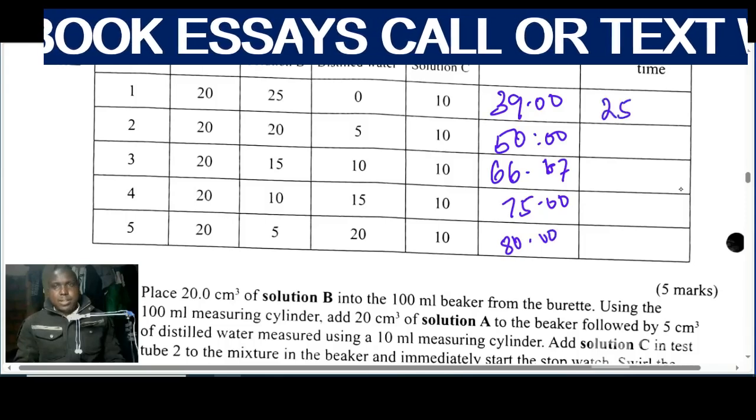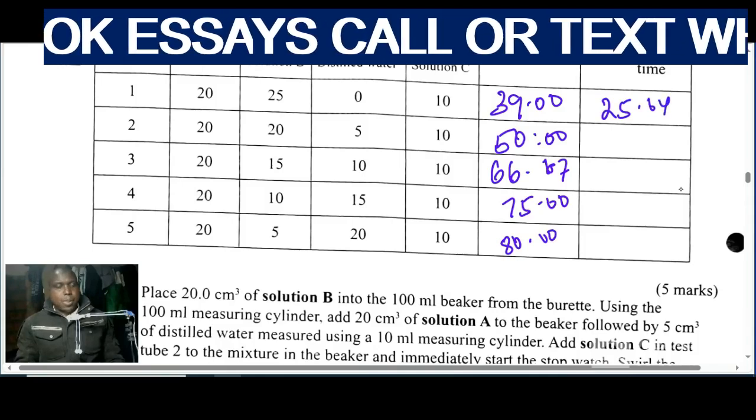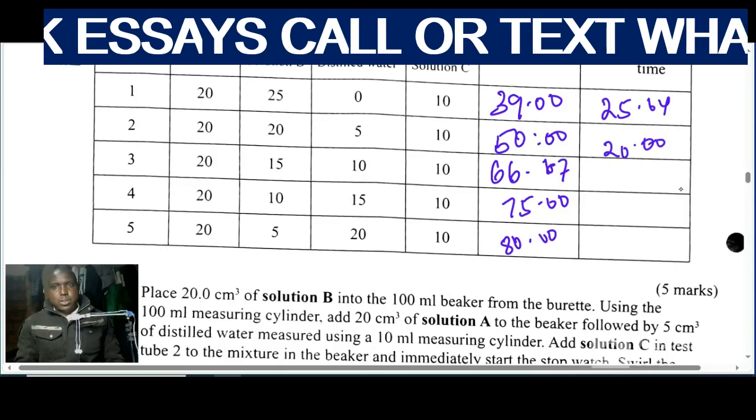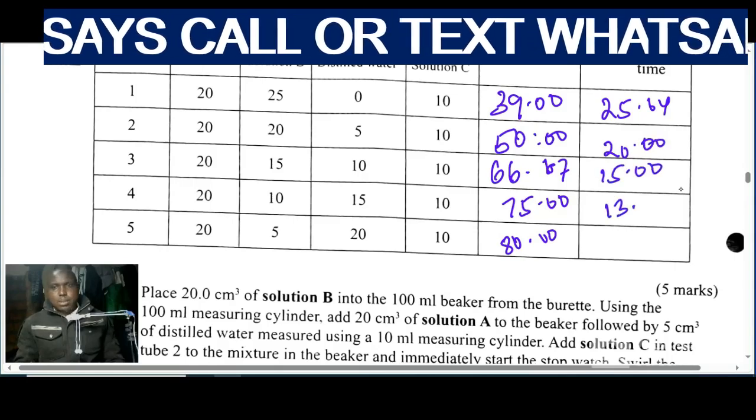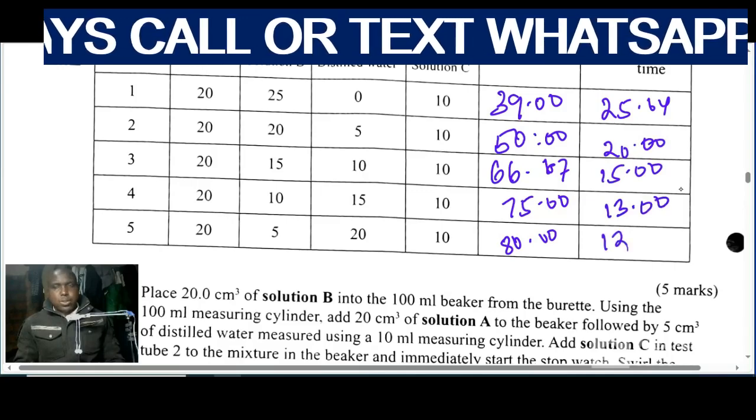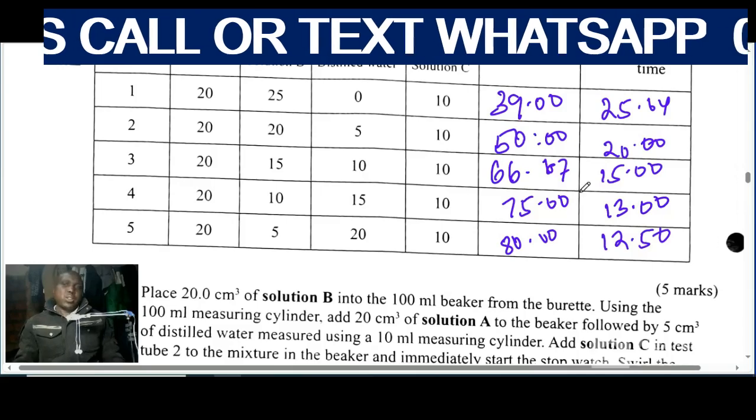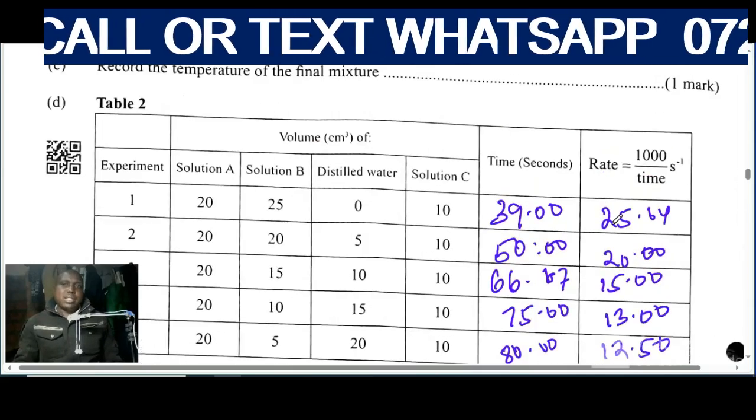So when you do the reciprocal of that, you will get 25.64, 20.00, 15.00, 13.00, 12.50. So that's how you are supposed to do.